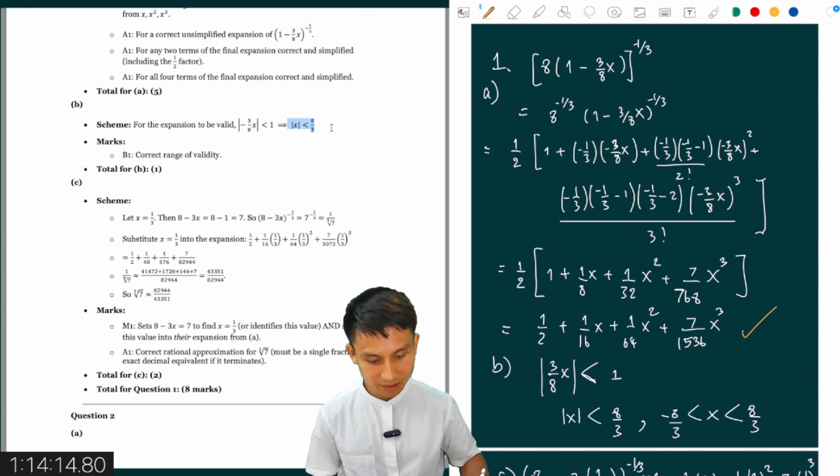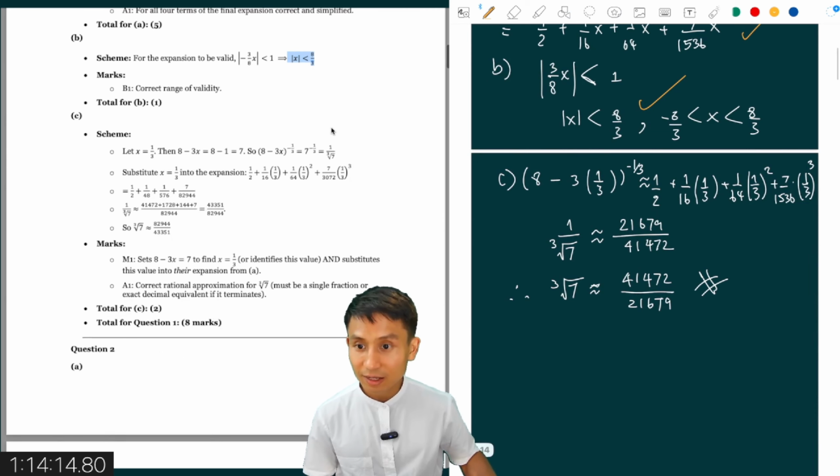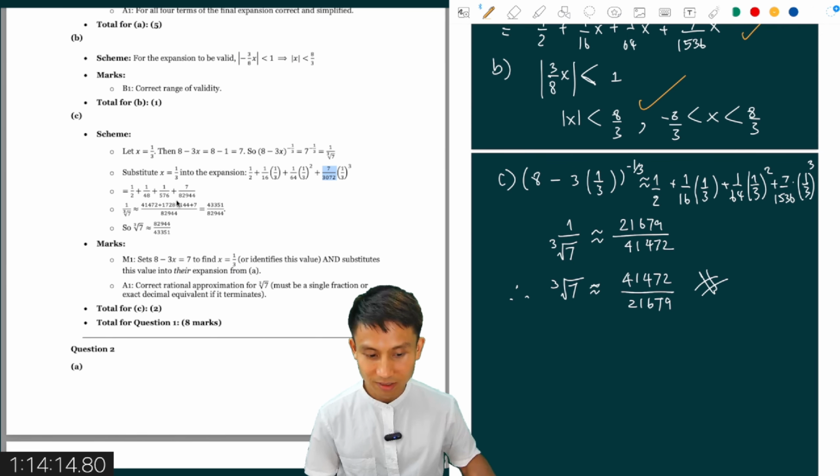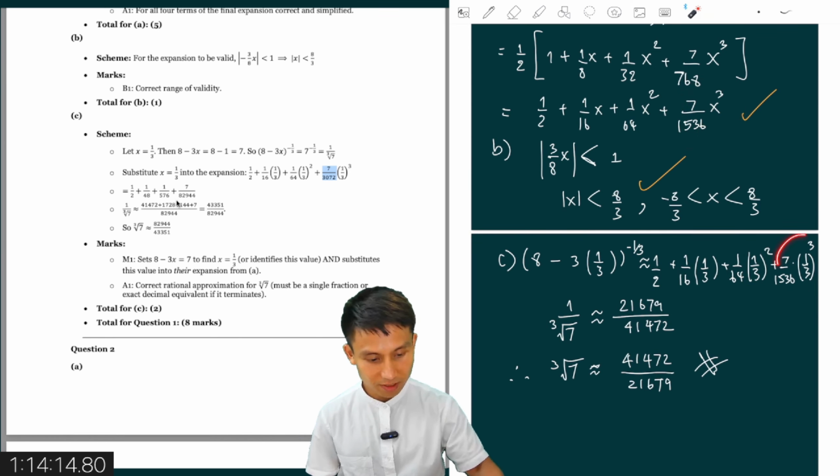Yeah, this is fine. For part C, I'm guessing this will be affected by that too, because you see, it uses the 3000 here. So I think I'm okay with this. See if I substitute everything correctly: 1 over 2. Yep. I think I'm fine with all that.